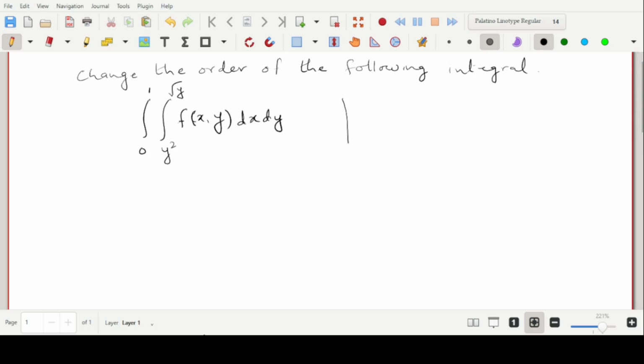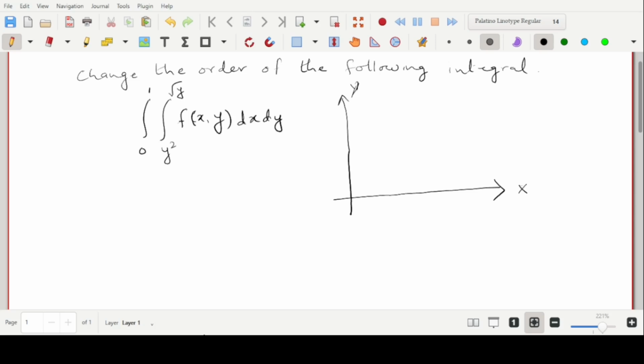Let these be coordinate axes x and y. Now x equal to y square, so x begins from y square, and it runs from y square to square root of y.